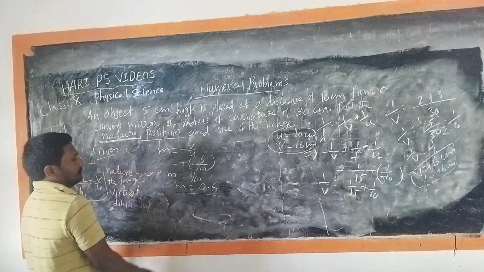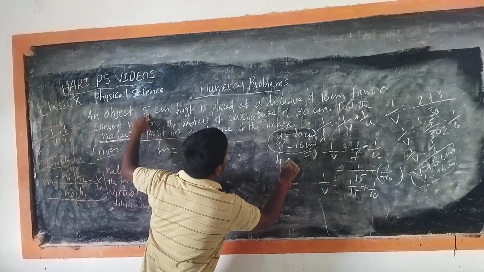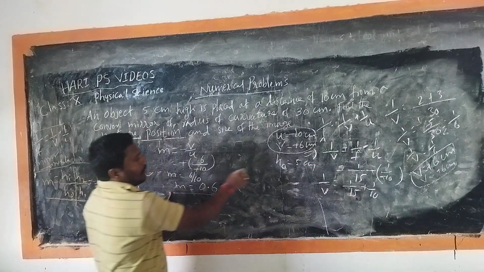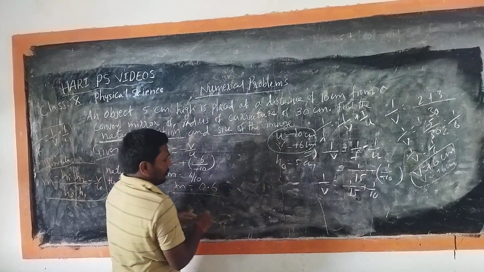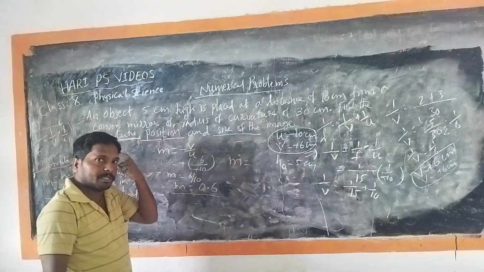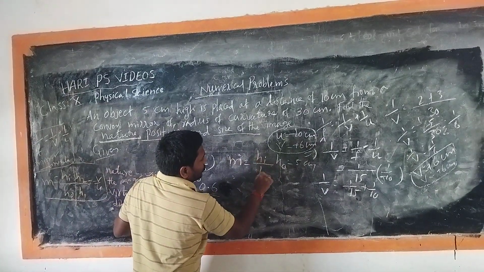The magnification is there. The height of the object is also given: the height of the object is equal to 5 centimeters. Then we find the size. Magnification m is equal to hi by ho.